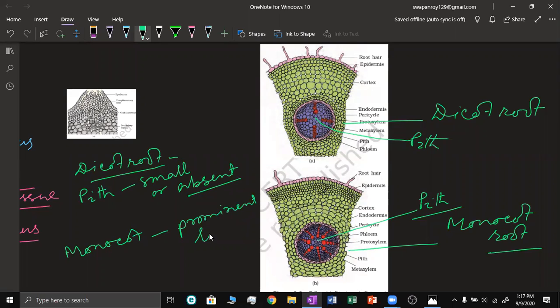It is large. Another difference of monocot and dicot is, here you can see, the number of xylem bundles.